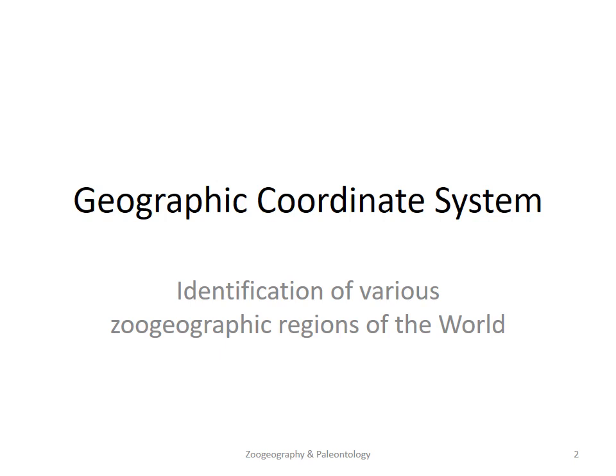A geographic coordinate system uses a three-dimensional spherical surface to determine locations on the Earth. Any location on Earth can be referenced by a point with longitude and latitude coordinates. So today we will understand geographic coordinate systems, and then we will do certain activities in order to understand this coordinate system.